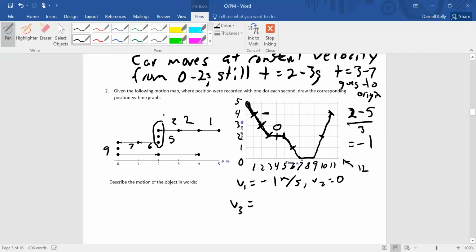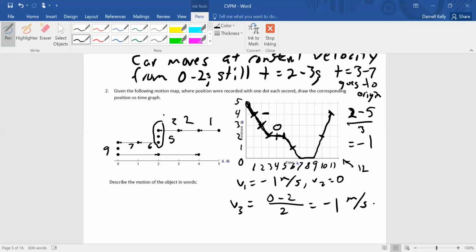V3 is 0 minus 2 over 2 seconds, -1 meter per second. What direction am I going in? -1 meter per second means 1 meter per second to the west.